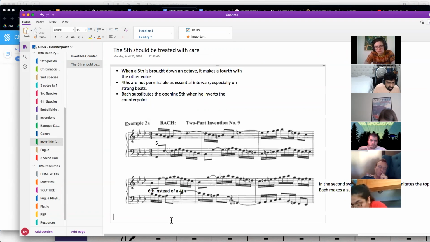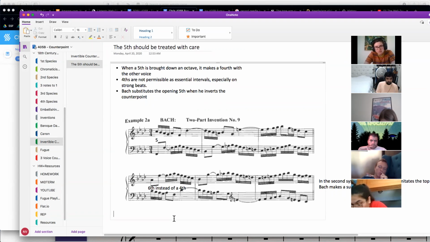So keep that in mind. Downbeats generally don't want to have dissonances like fourths, if you can avoid them.